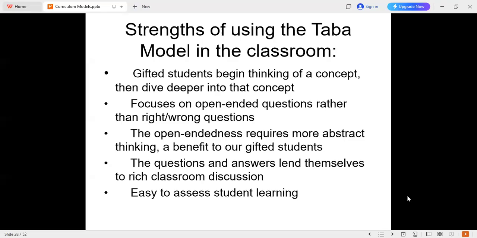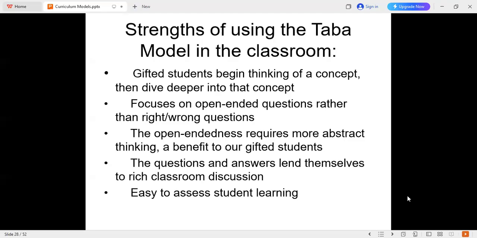The open-endedness requires more abstract thinking, a benefit to our gifted students. The problem we have in our country is that a large number of students know the answer, but they can't clearly express it in words. The question and answer lend themselves to classroom discussion.